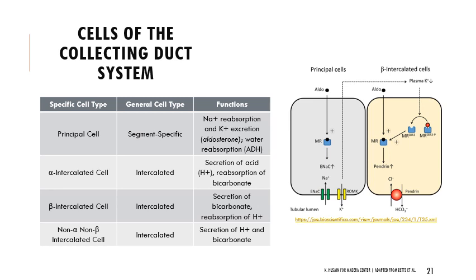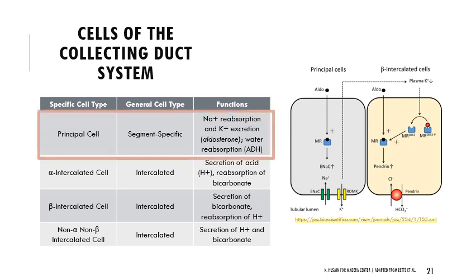They're also important for binding to ADH and insertion of aquaporins into the membrane. So they are really important for RAS. The intercalated cells are involved in secretion and reabsorption of protons and bicarbonate, so they're managing acid-base balance. So principal cells are more about electrolyte balance and fluid balance. Intercalated cells are more about acid-base balance.